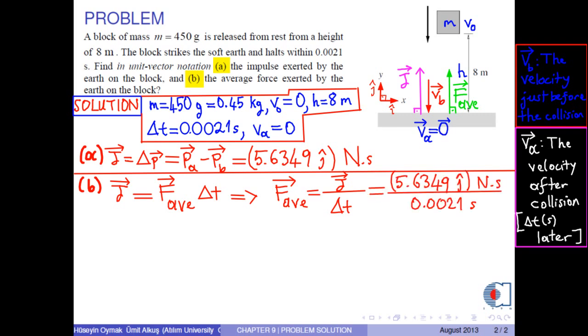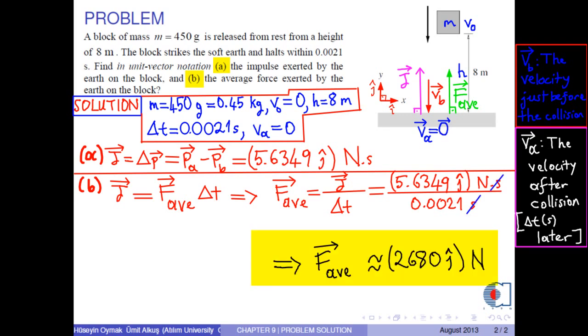Substitute the numerical values into this formula. Here the units of seconds cancel. Therefore, we obtain the average force exerted by the earth on the block as approximately 2680 j hat newtons. As you see, the direction is from the earth to the block.